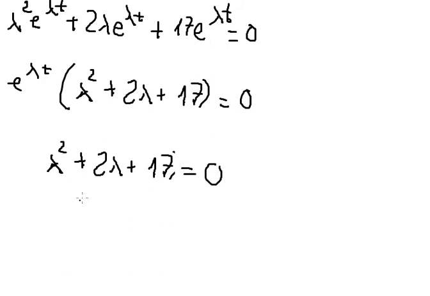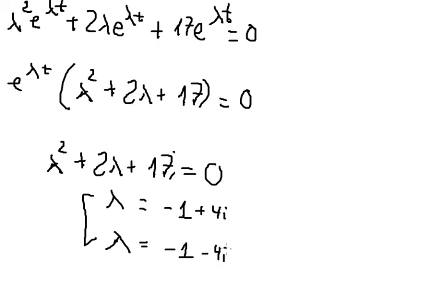We calculate this one and we have two solutions: negative 1 plus 4i and negative 1 minus 4i.